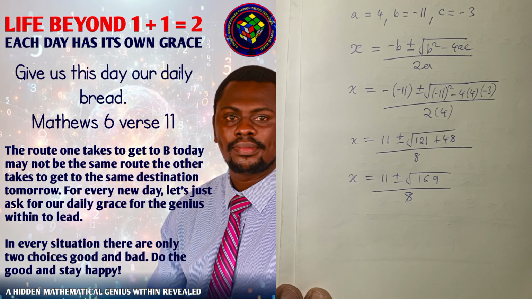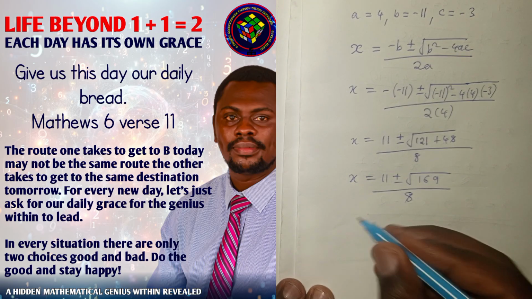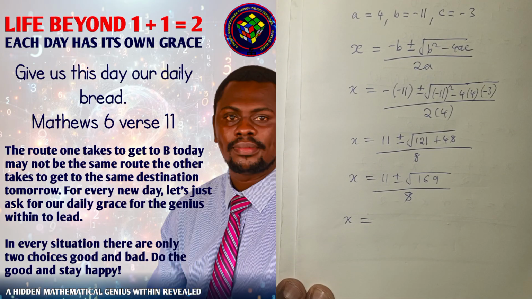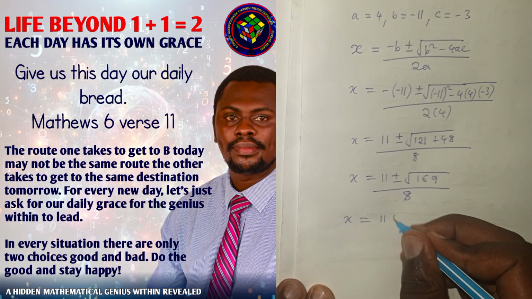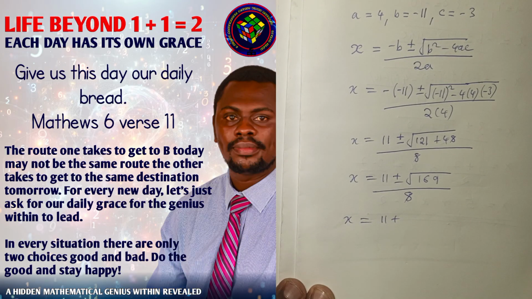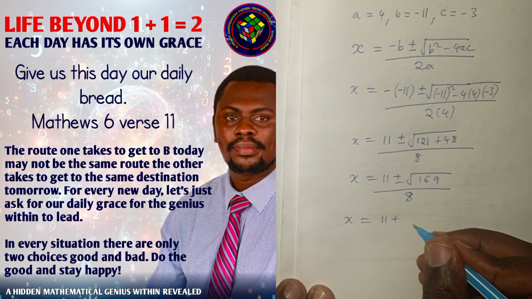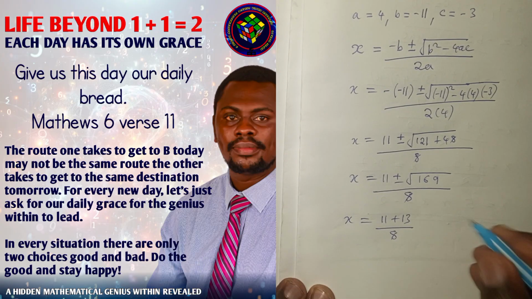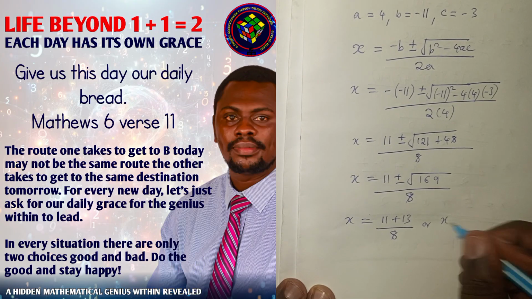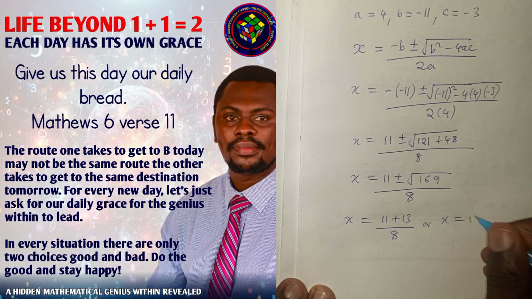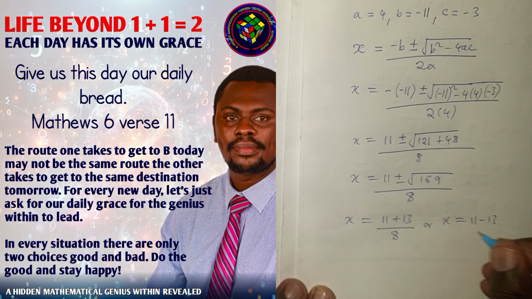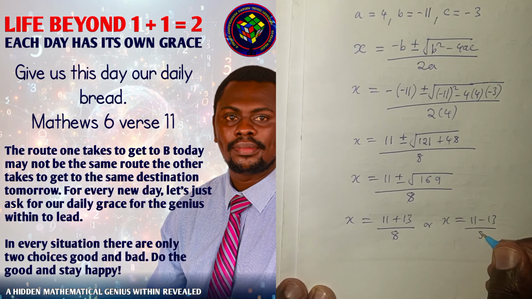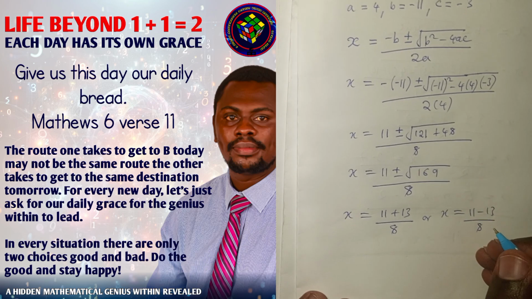Okay, so we're supposed to have two possible solutions. So x is equal to 11 plus, or what's the square root of 169? Yes, that is 13. So we have 13 over 8, or x is equal to 11 minus 13 over 8.